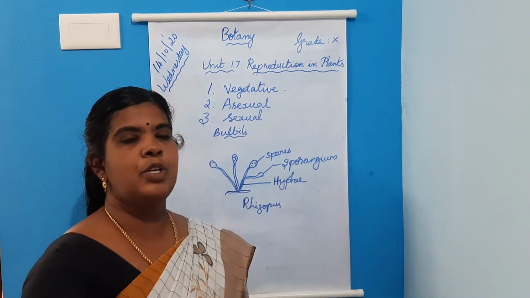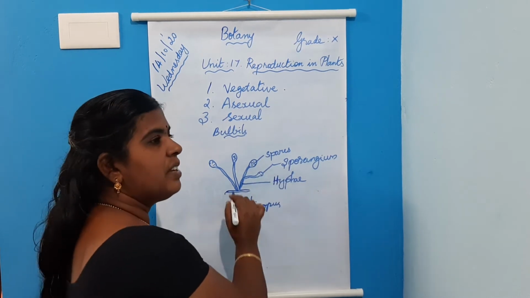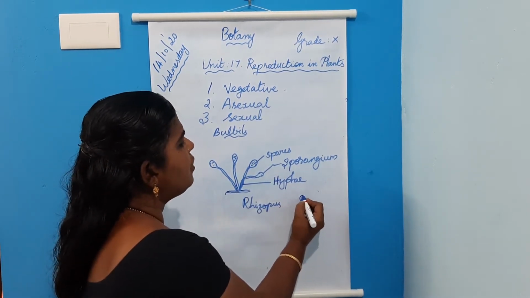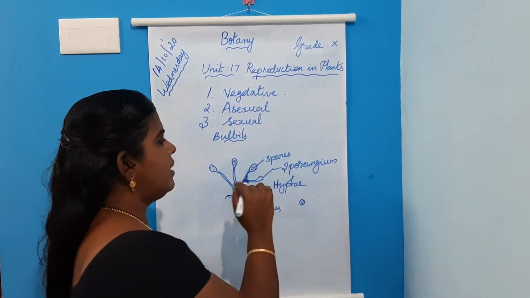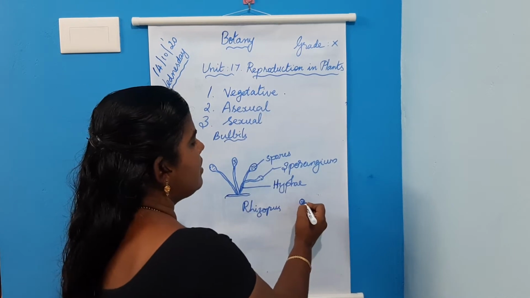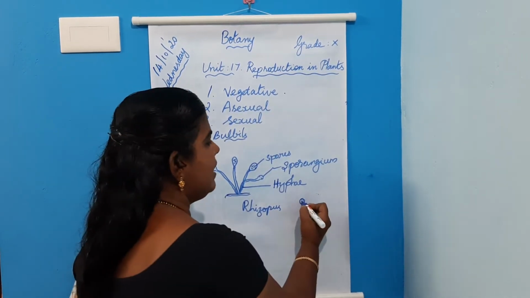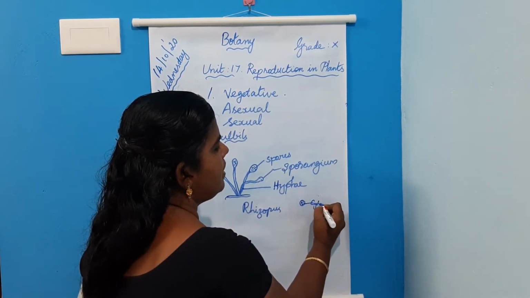Next, the nucleus. Each nucleus divides several times, and cytoplasm is also there inside, and a few small minute spores are developed. These spores enclose the nucleus and cytoplasm.